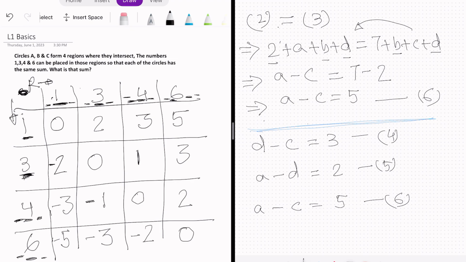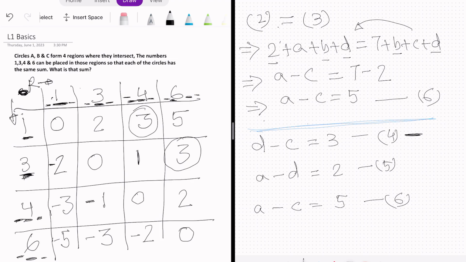Right? So knowing that A, B, C, and D would be any numbers that are in the rows and in the columns, let's look at where I find a difference of 3. I'm looking at equation number 4, and let's see where I find a 3. I find a 3 here, and I find a 3 here. There are no other places where I have a 3.